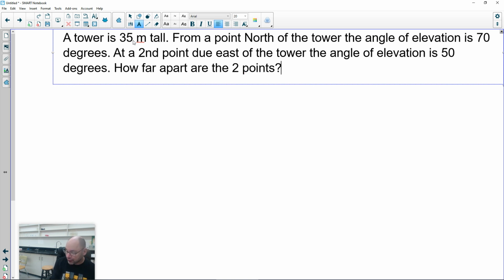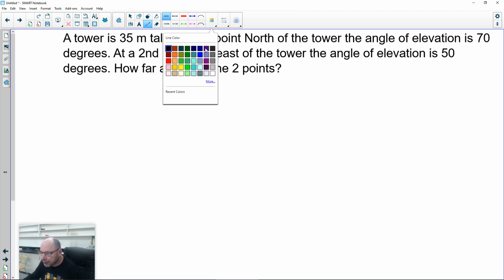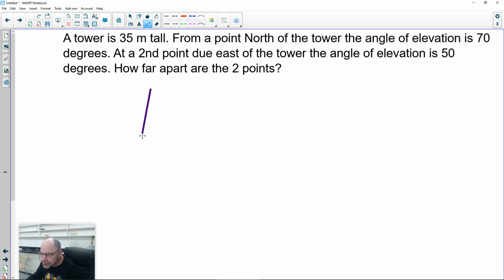Okay, so let's draw this thing out. So it's kind of a 3-dimensional picture. So we'll just draw the tower in first, and then we're going to do north, east, and all that kind of stuff. Okay, so if we look at our tower, let's make it purple or something.